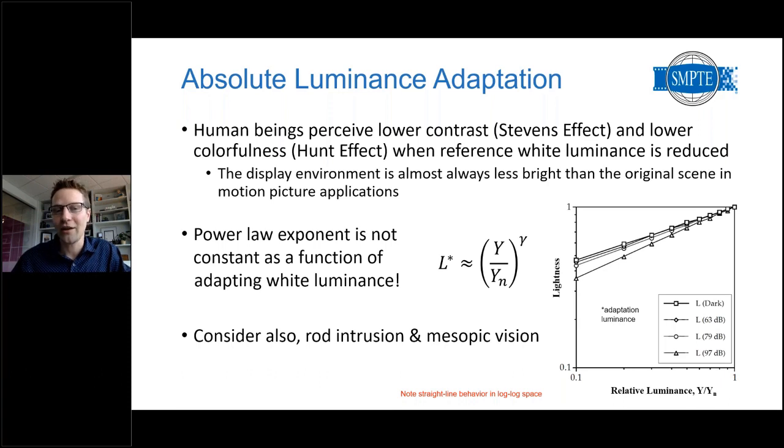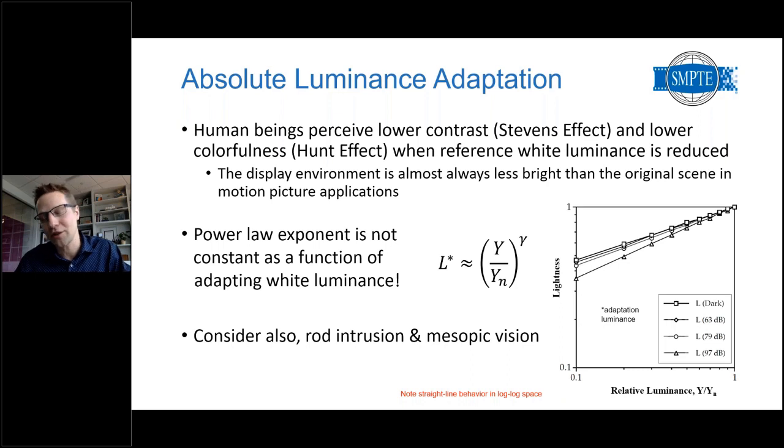The lower the adaptation luminance, the lower the contrast, and the slightly lighter or more washed out the neutral scale contrast will appear. And this is extremely important in motion picture because I guarantee you we all look at content in movie theaters and on television screens that is less luminous, has less white energy than the original scenes.